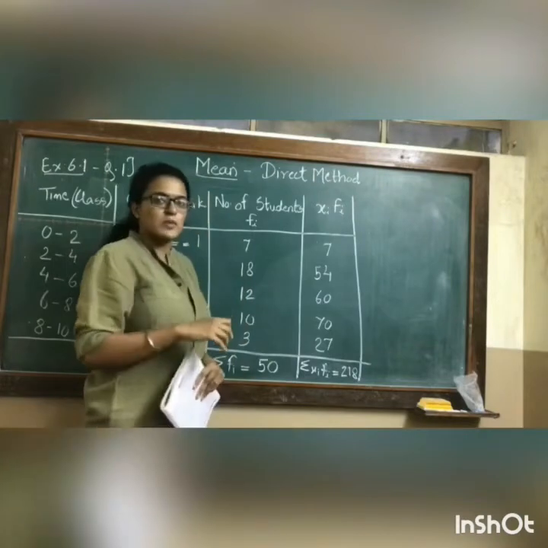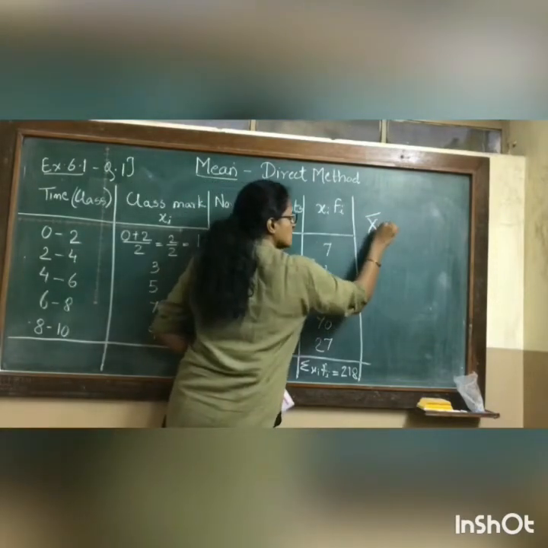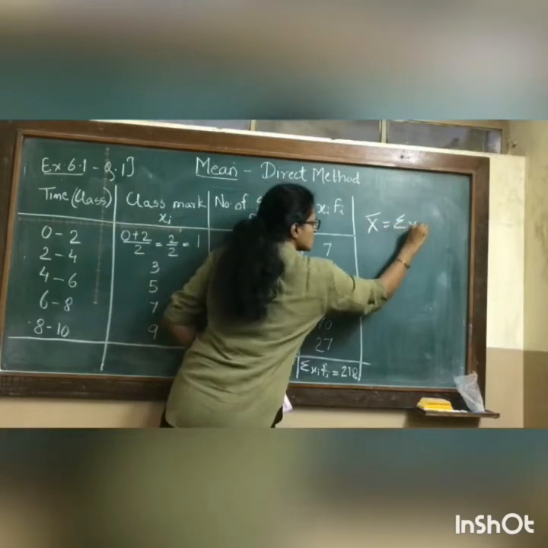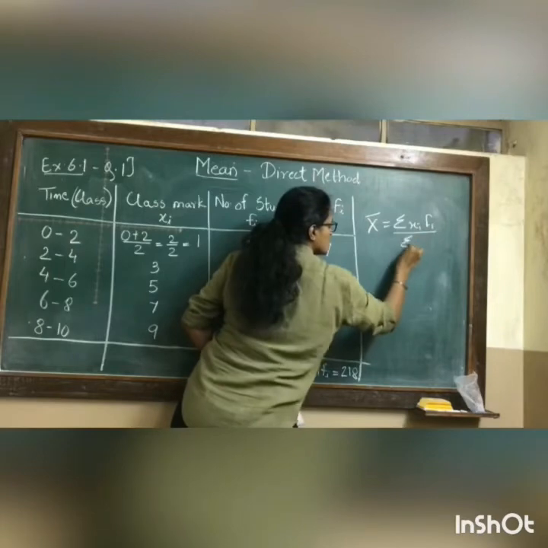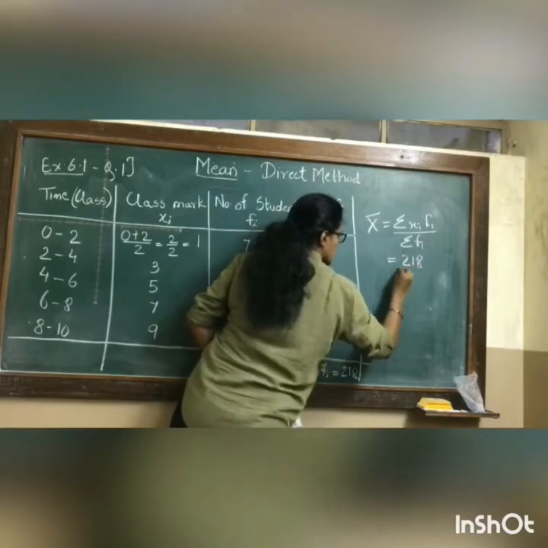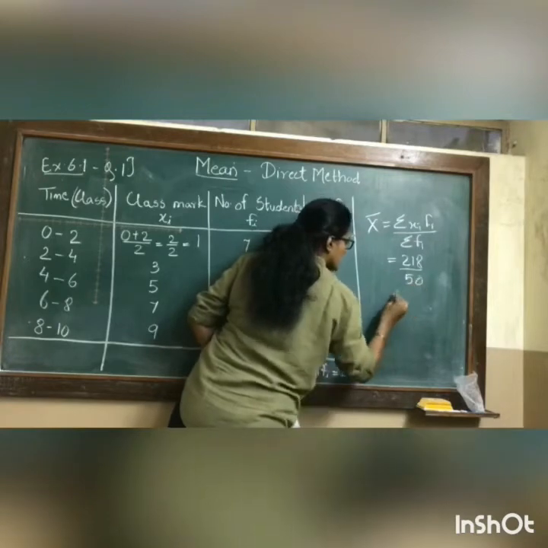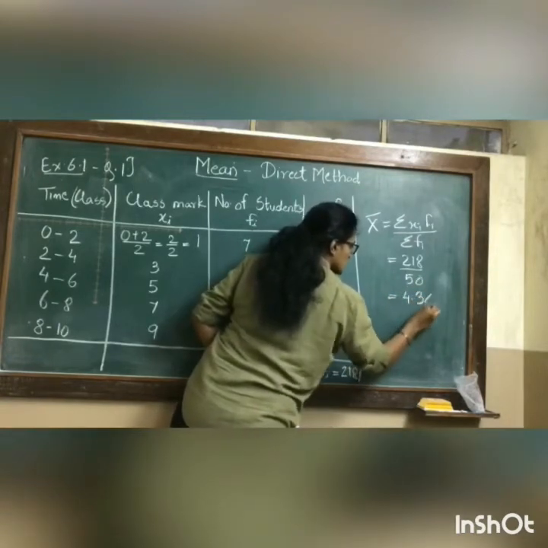Now the formula for mean in direct method is X bar is equal to summation Xi Fi upon summation Fi, which is equal to 218 upon 50, which gives us the answer as 4.36.